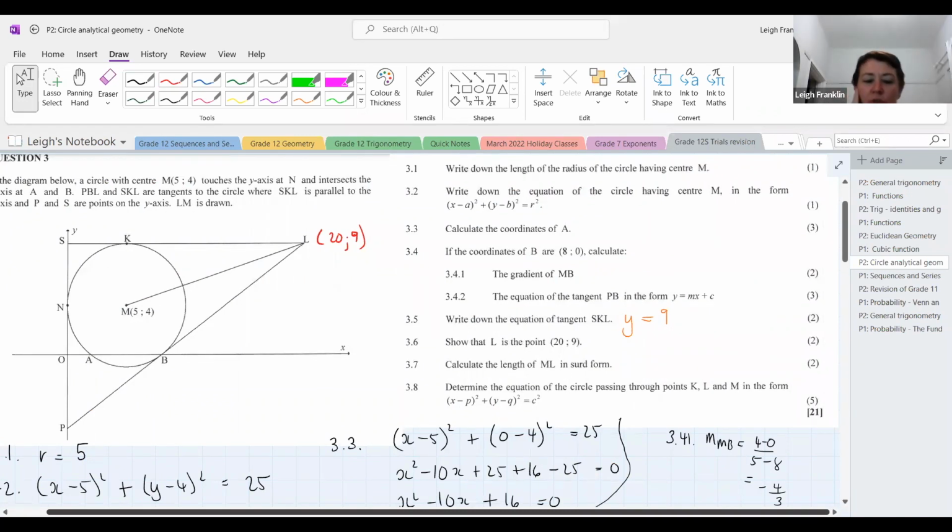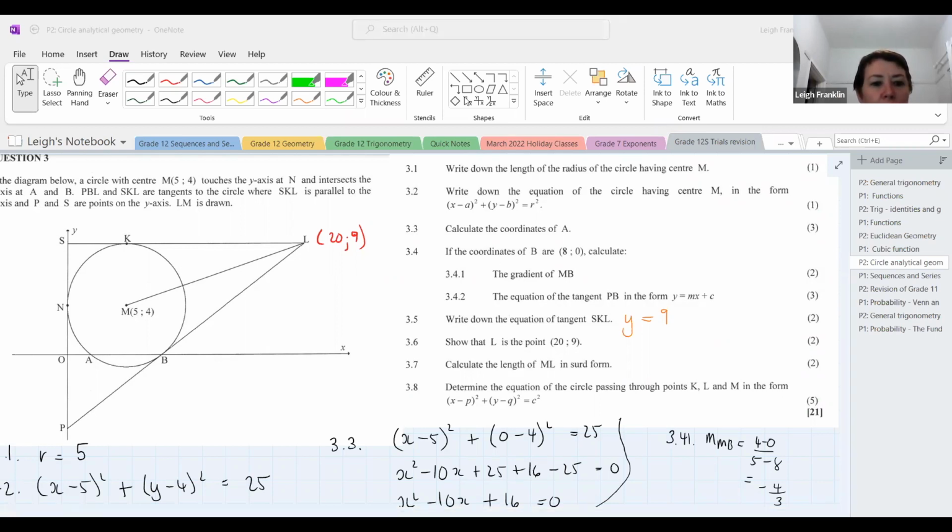They want us to determine the equation of the circle that passes through points K, L, and M. How are we going to do that? What do you think we need to do here?